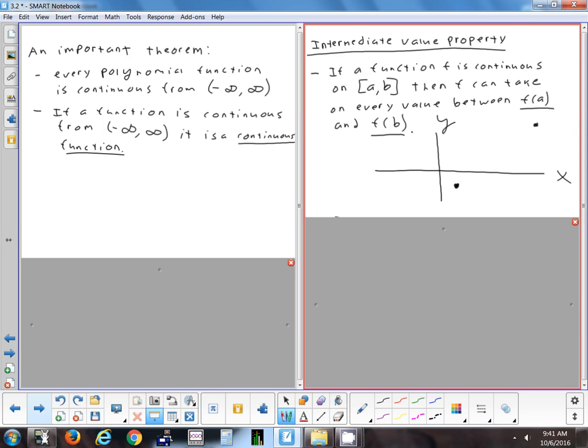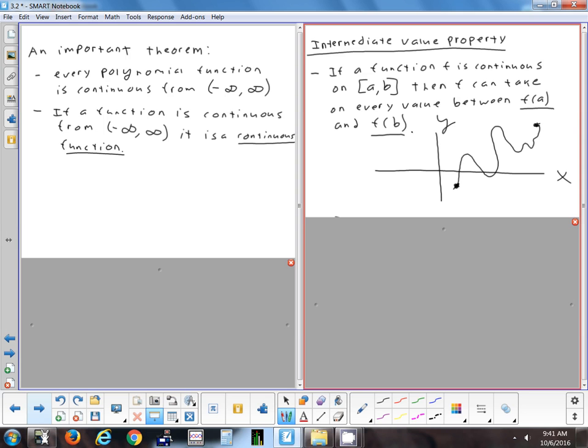Well, if it's a continuous function from this point to this point, I don't care how you get there. You can try to go back down and up and do whatever you want. But if it's a continuous function between these two points, I guarantee you're going to go through every y value from here to here.